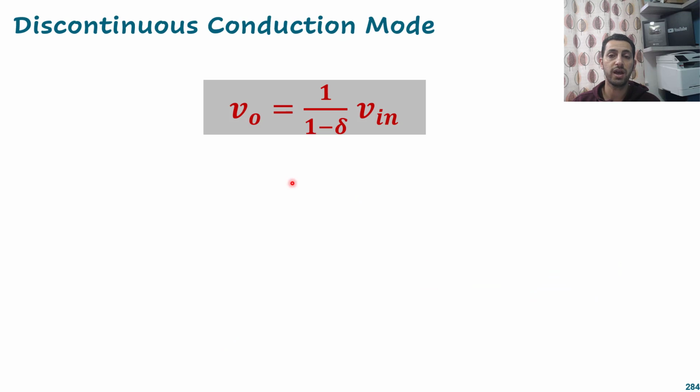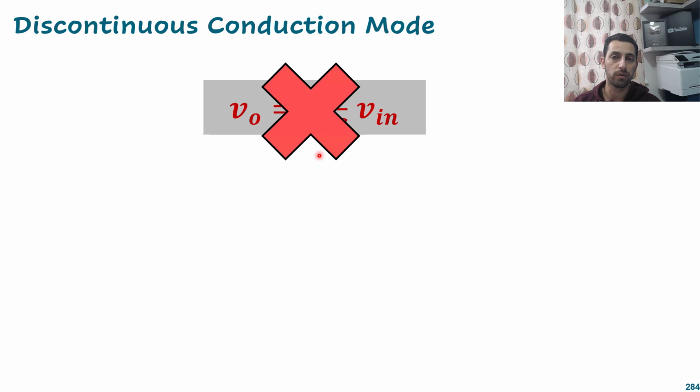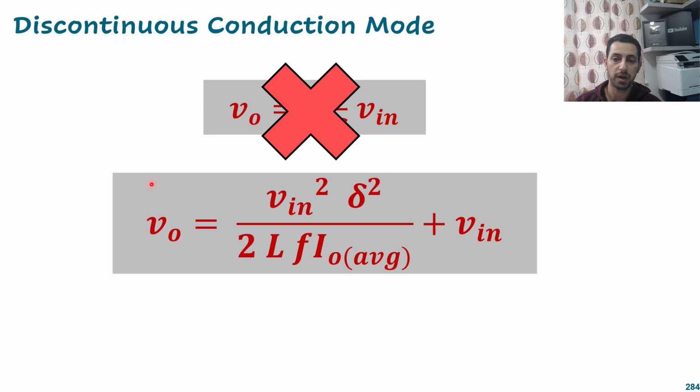And again, if we have discontinuous conduction mode, is this relation still valid? V output equals 1 divided by 1 minus delta times V in. The answer is no. We have to derive again for the discontinuous conduction mode, and you will get a relation like that, with squaring here and squaring there. It's non-linear, and it has I output there, and it is load dependent.